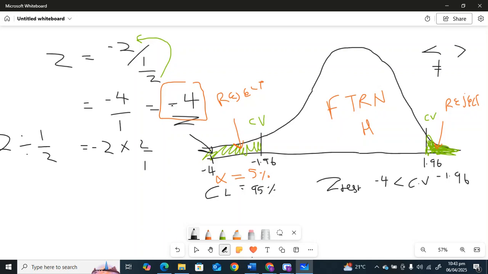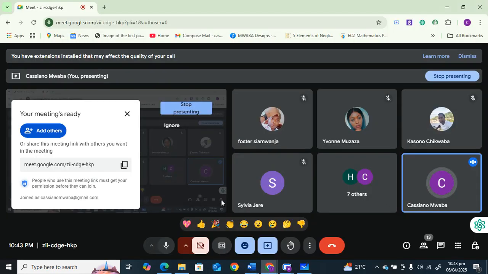So that was our test statistic, the one we've calculated. Now, once you've got your test statistic, just remember this because there are many hypothesis tests.